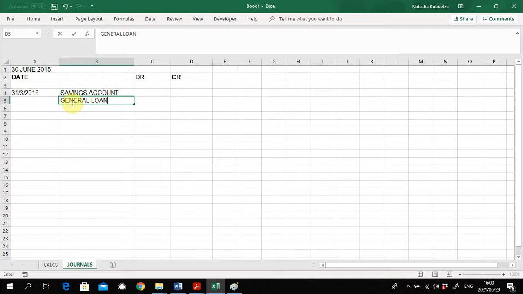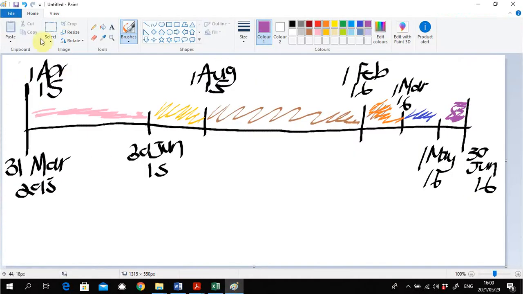We just make payments from the bank, and then at the end of the day, we will record a negative bank account. That is what will happen. So for the savings account, we are only going to account for the general loan, 400,000.